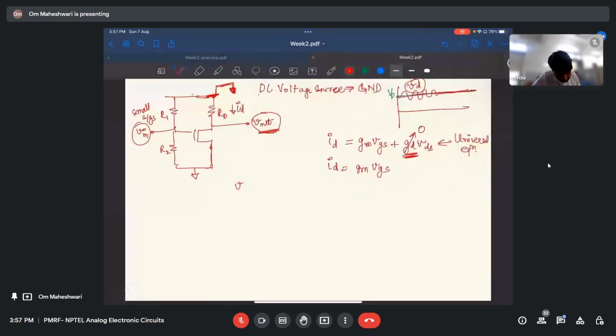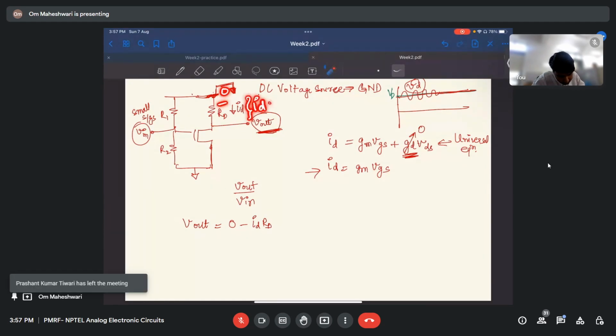So gain will be V out by V in. We somehow have to introduce V out in this equation to get V out by V in. So what is V out? V out is 0 minus ID RD, right? If I apply KVL here, 0 minus ID RD is V out.